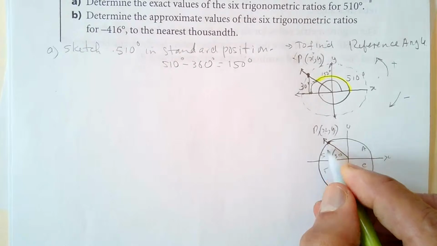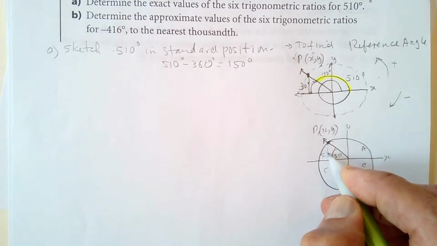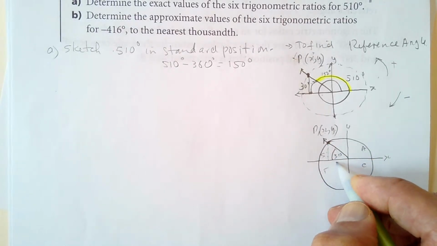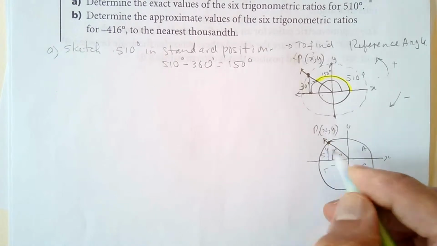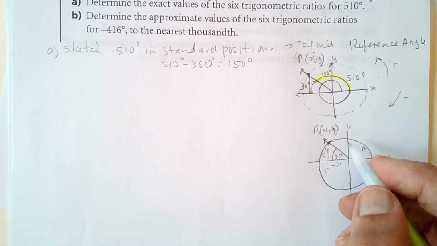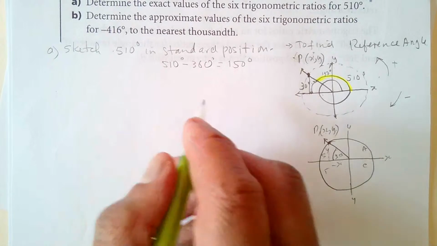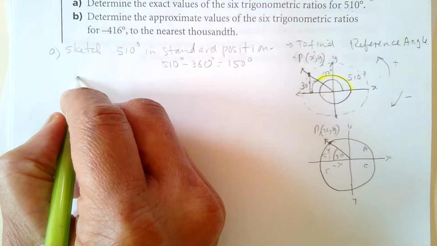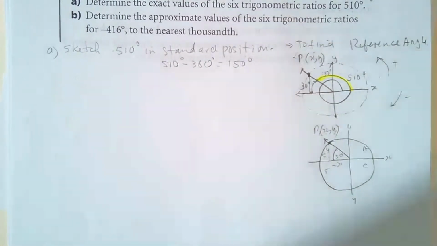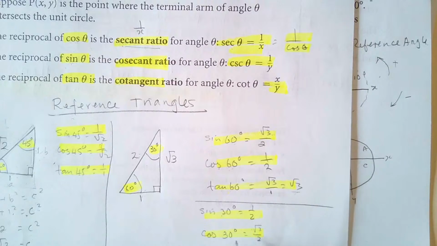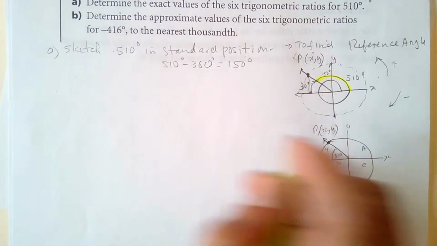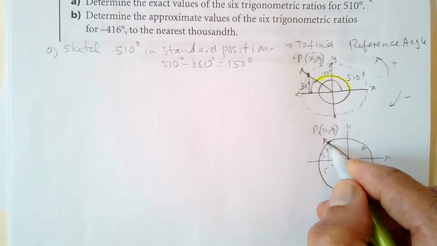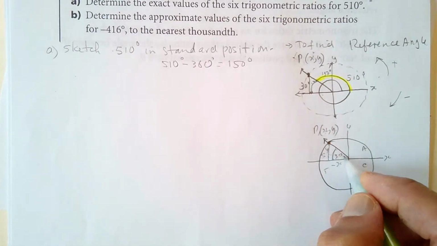Now if I go down here, this is my negative x, and this would be positive y. So now cos 30 degrees. I'll go back to our reference triangle here. Cos 30 degrees is √3/2. Let's look at that here. Because we're looking at this triangle now, this is our triangle. Cos 30 degrees.